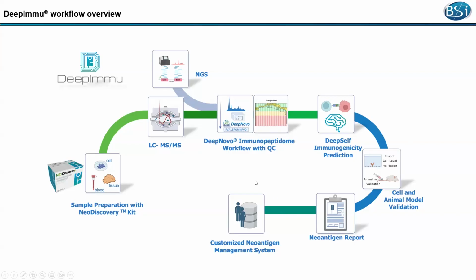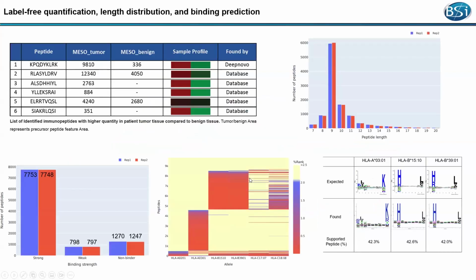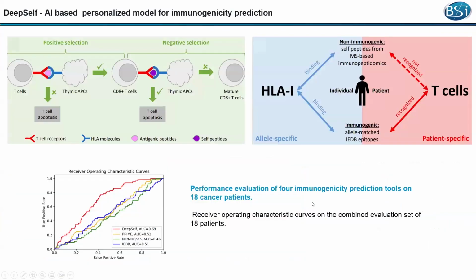Within this lab service, with your data, we also provide all the length distribution, allele-specific binding affinity prediction, and motif generation. Also, if you have multiple samples and would like to see quantification, we do that for you too. And this is DeepSelf, a personalized model for immunogenicity.